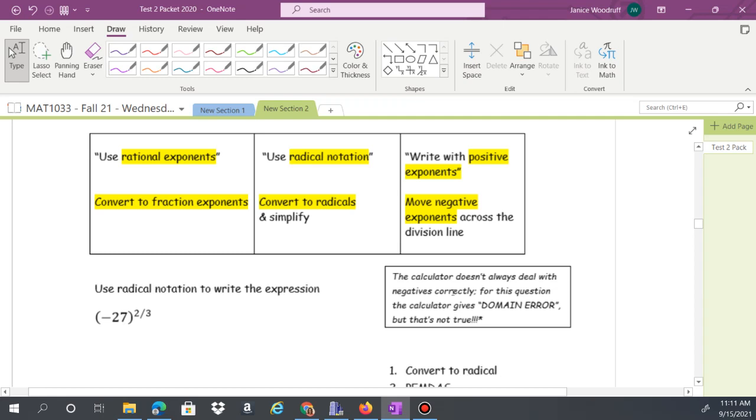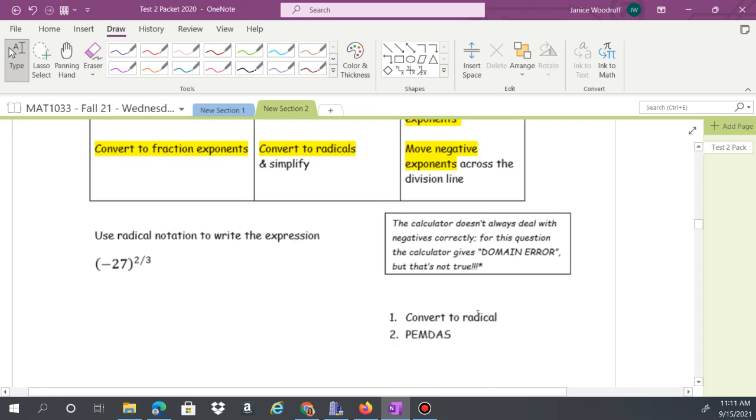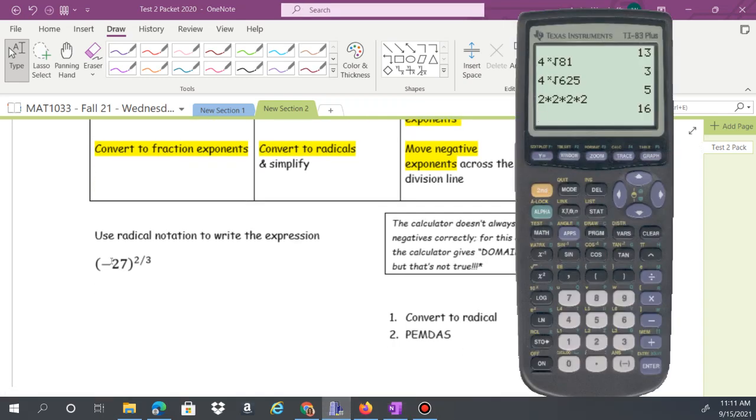And then sometimes we get issues with negative numbers in the calculator, which let's see if we would get in this case. So let's say I wanted to put this in my calculator. I would go parentheses, -27, raise, so my little up caret here, parentheses 2/3, 2 divided by 3. Yeah, this should be okay.